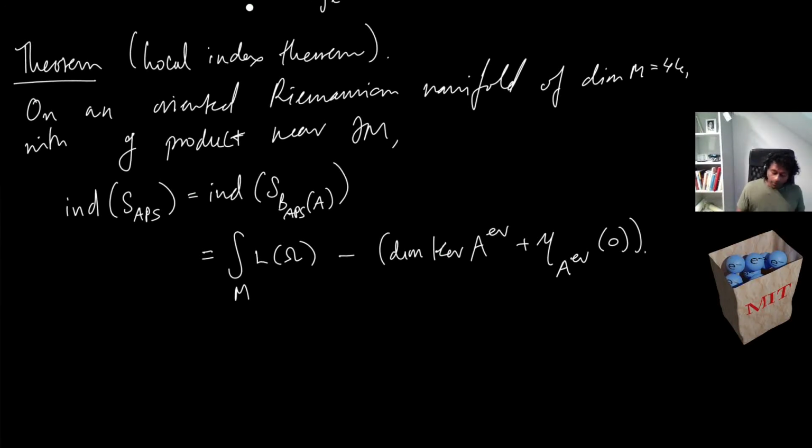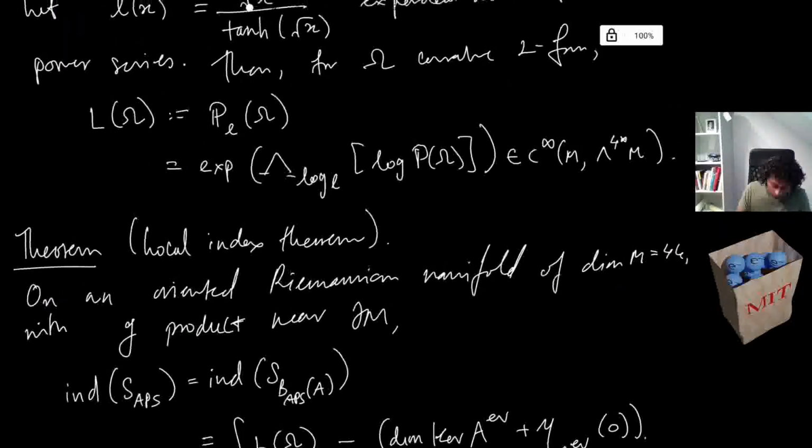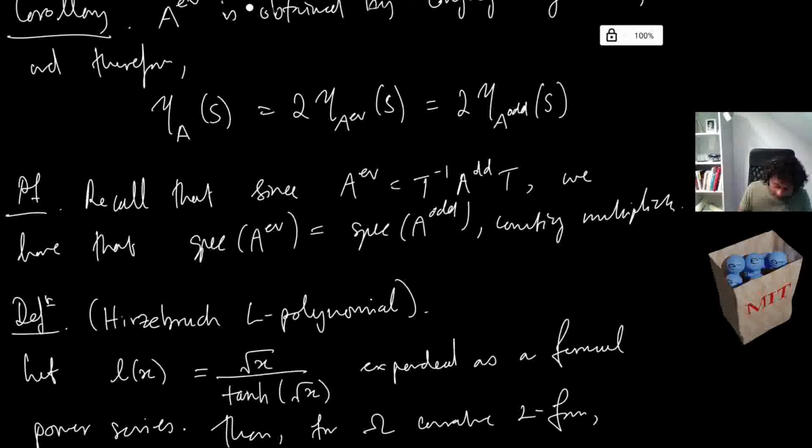Okay, so the point is that before we had the eta invariant and we had a half in front of it. Of course, we would still get a half now if we use A, but we're now using the A even, and so as we saw before, the eta invariant of A is twice that of the eta invariant of A even, right?